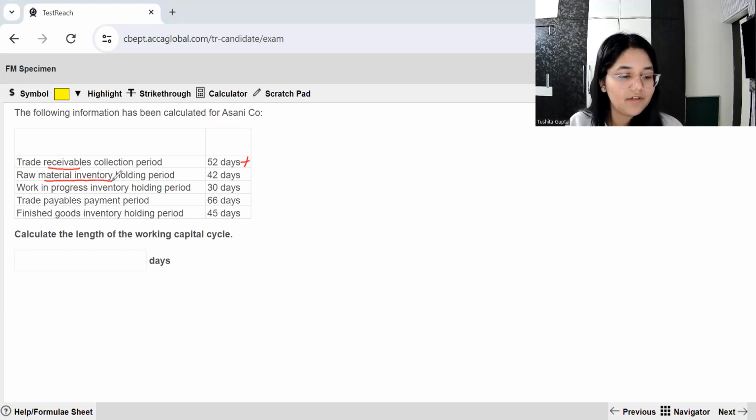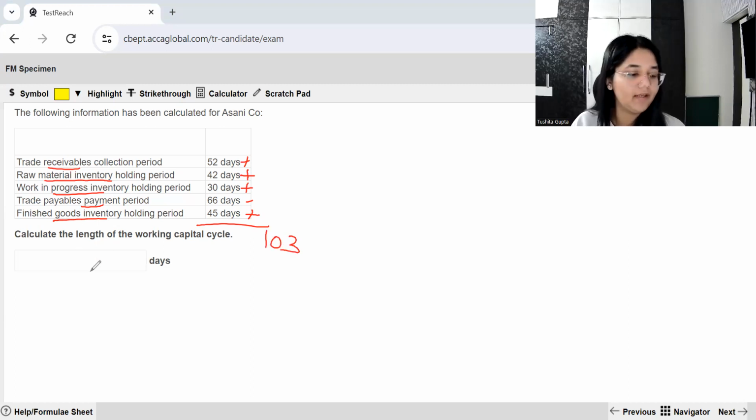Raw material inventory, again my asset, so add. Work in progress, again my asset, so add. Payables is my liability, so I'm going to subtract that. And the last thing is the finished goods inventory, again a current asset, so I'm going to add. If you work out this entire calculation, you will get your answer as 103. You will type this over here and move ahead.